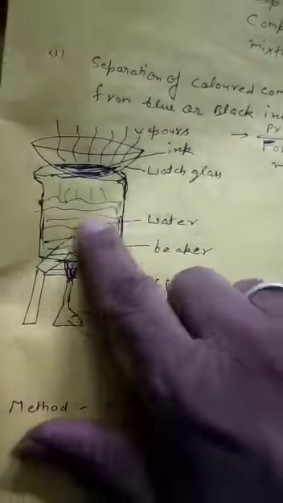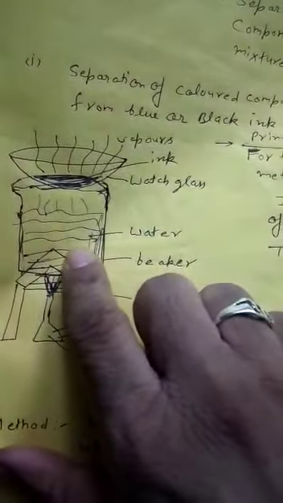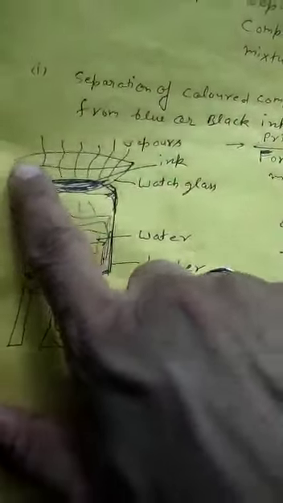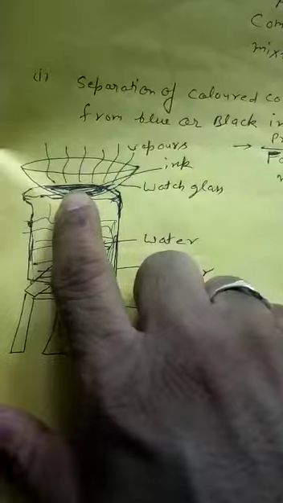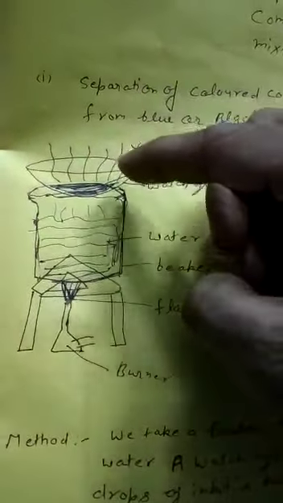So you can see the arrangement. We have this beaker and we have taken the water into the beaker. It is not completely filled, and that is the watch glass. We have taken some amount of ink in that, and we kept this watch glass on the beaker.